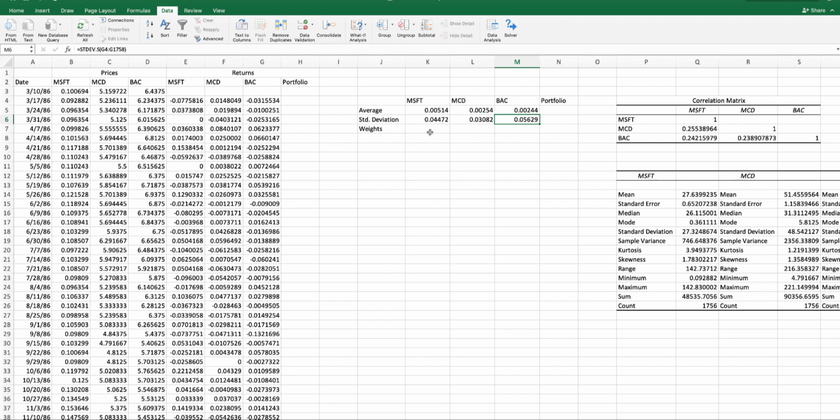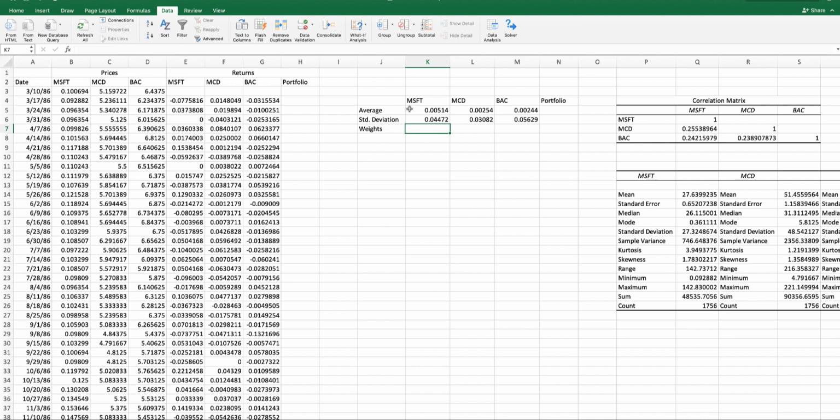Okay, next let's calculate the returns for our portfolio. When you're calculating portfolio return, the portfolio really depends on how you are investing. The portfolio returns depend on, one, what you're investing in and how much money you're putting in each one of them.